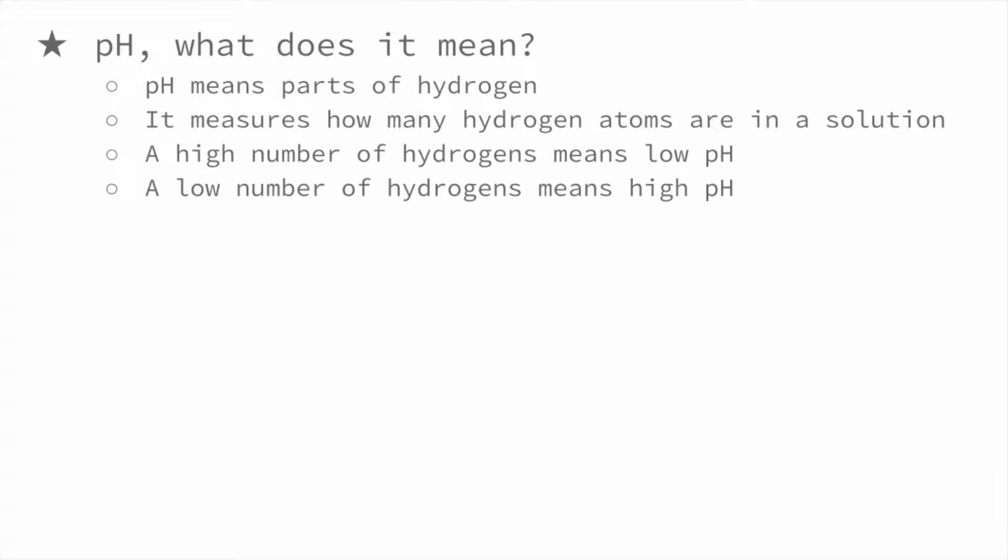If we have a low number of hydrogens, that means we're going to have a high pH, and that's because it's going to be more basic. Okay, so when you're looking at a solution, pH is measuring the number of hydrogen atoms that are found in the solution. Go ahead and pause and finish writing what's on the slide if you need to before moving on.